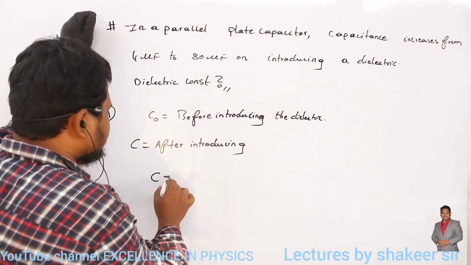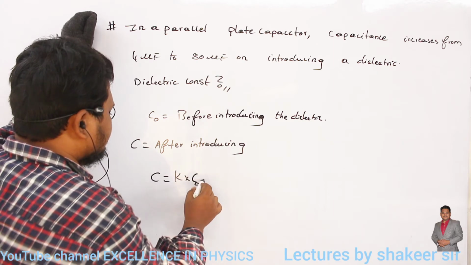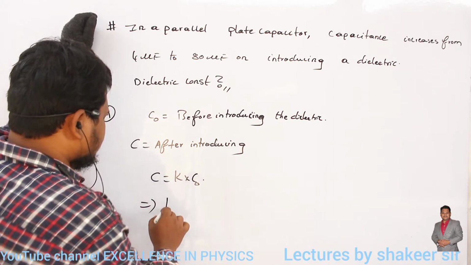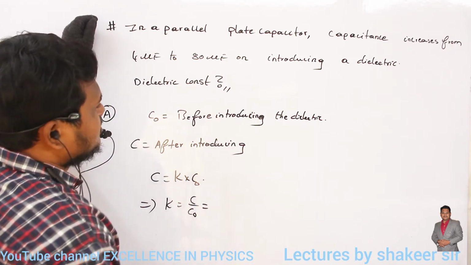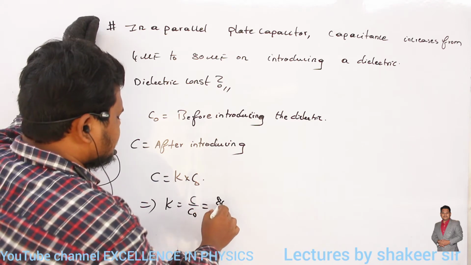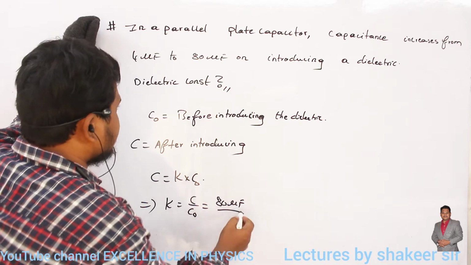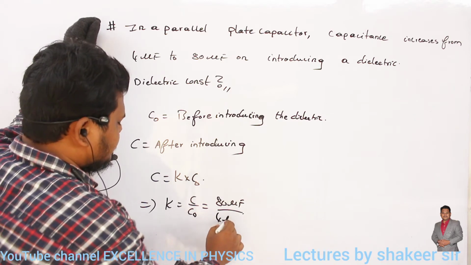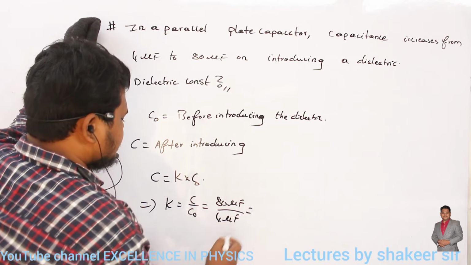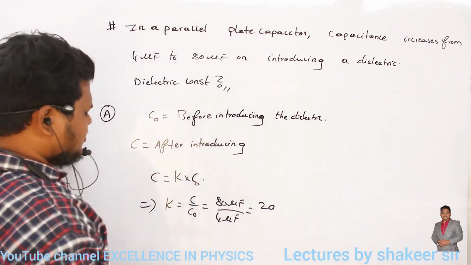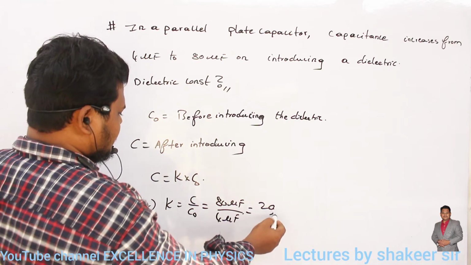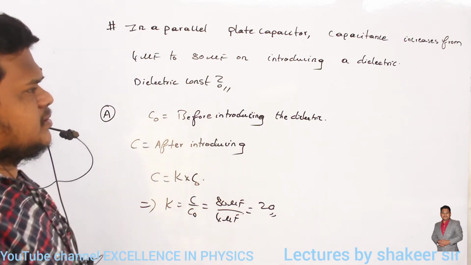The relation is C is equal to K into C naught. So K is equal to C divided by C naught. So the final capacitance is how much? It is 80 microfarads. The initial capacitance is 4 microfarads. So 80 by 4 is how much? It is 20.